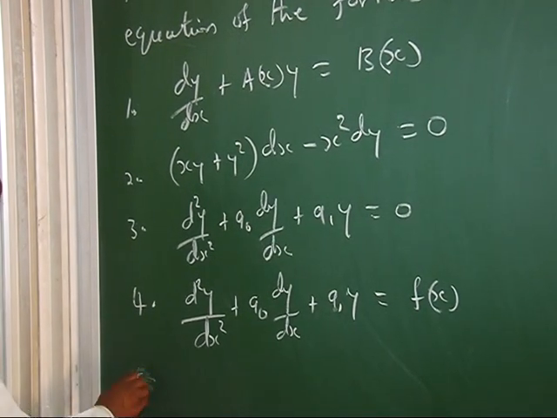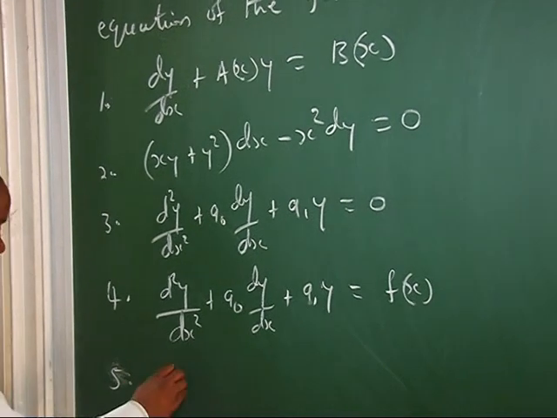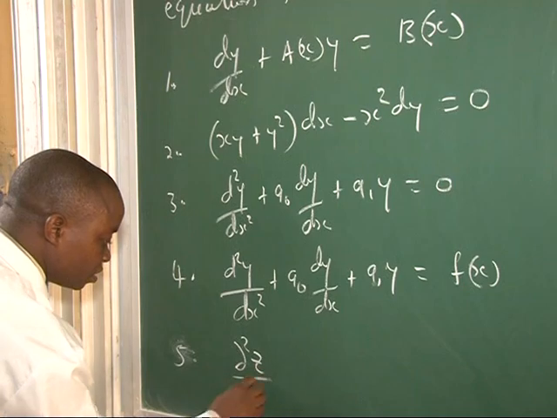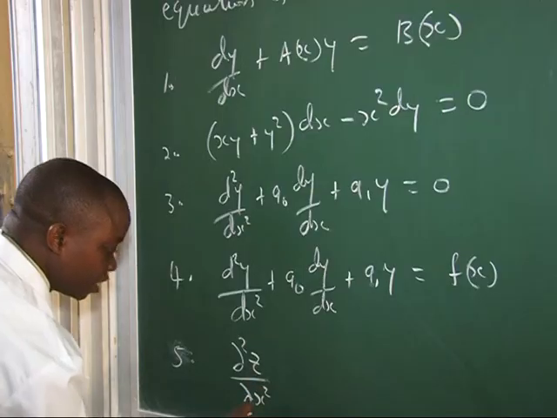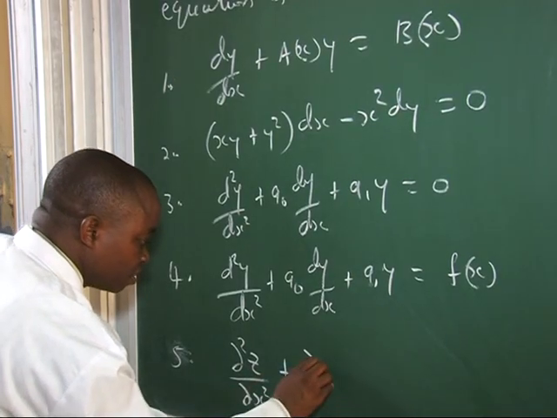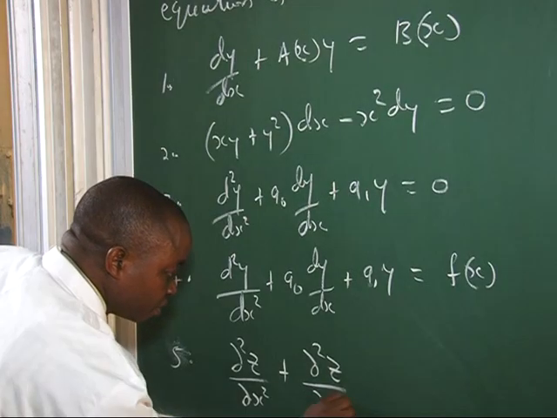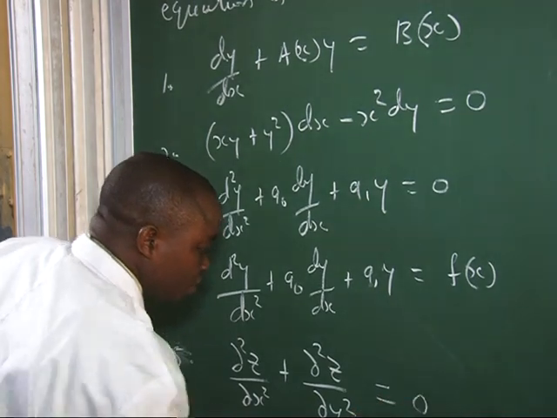Can be of this form: partial squared z over partial x squared plus partial squared z over partial y squared equals 0.